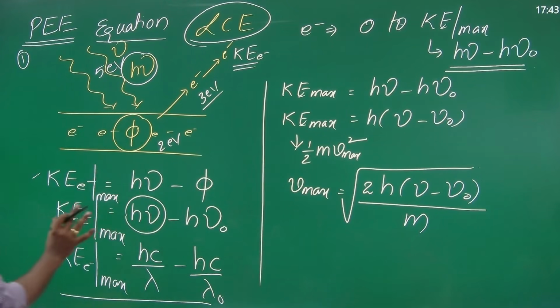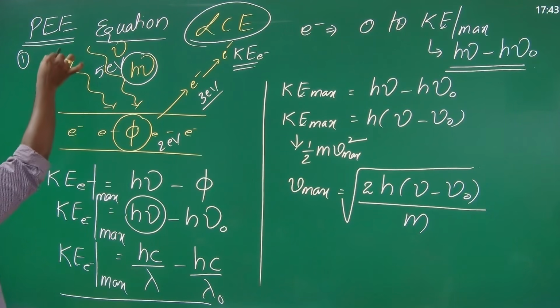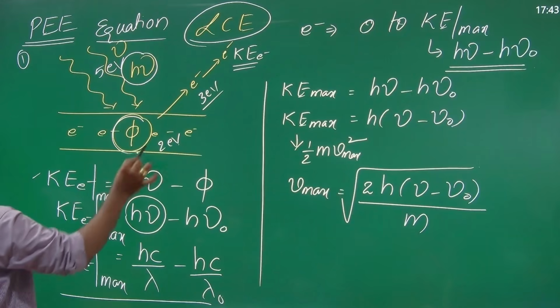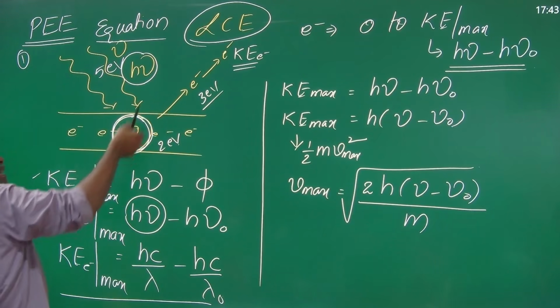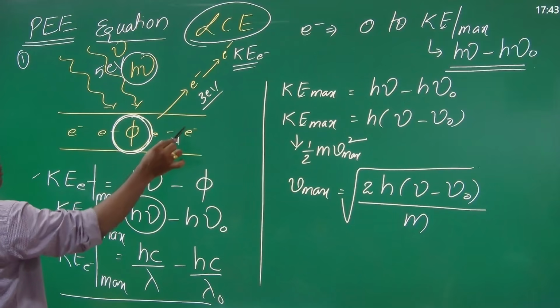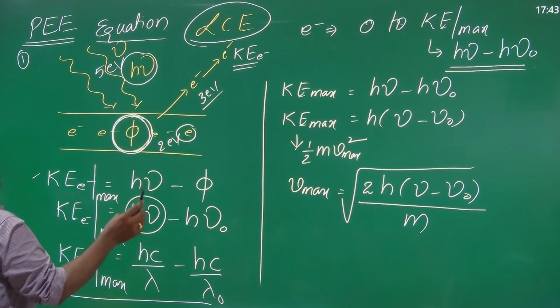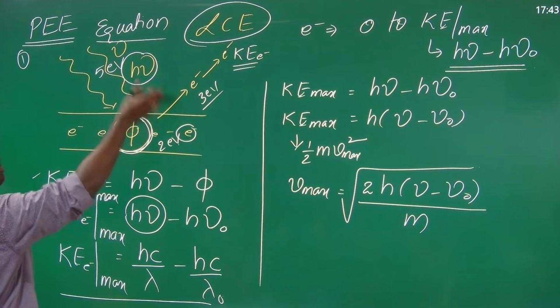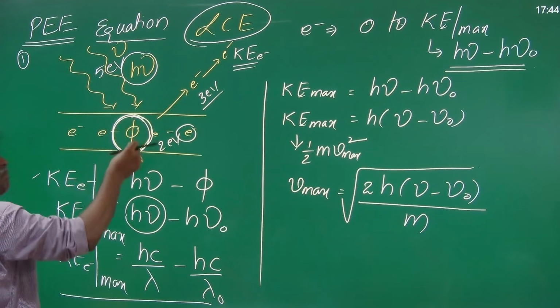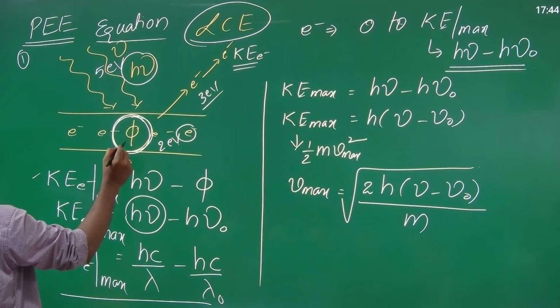So I hope everybody understands here why the kinetic energy is having a range. Because this is the sending, and some minimum energy is required to bring the electron out, because it is already bound to this metal. So if the electron wants to come out, you need to supply some minimum energy. That minimum energy is phi.